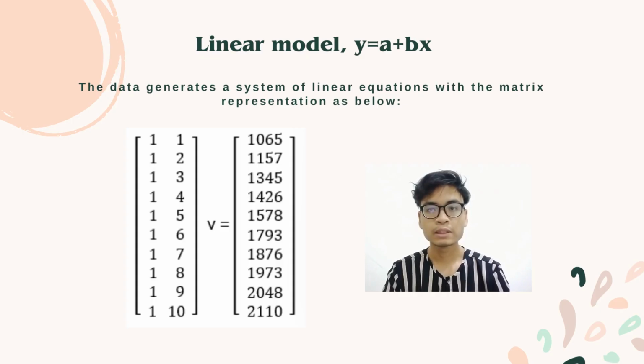Now I'll be presenting the mathematical model, which is the linear model y equals a plus bx. The data generates a system of linear equations with the matrix representation as below. Set up the matrix M with a dimension of 10 by 2 and Y with a dimension of 10 by 1.